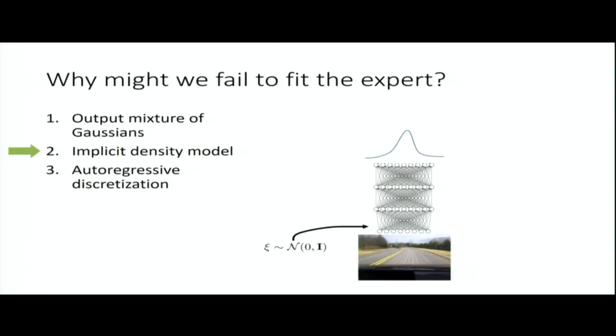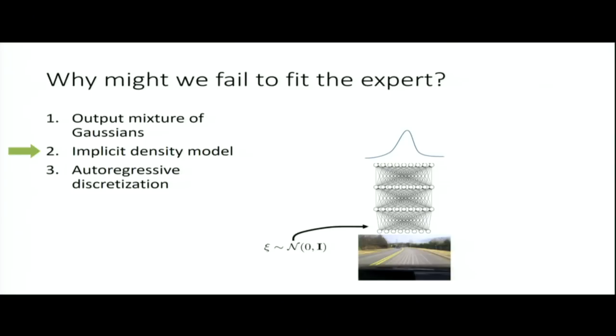So maybe you just sample from a spherical Gaussian of some fixed dimensionality. And now your network gets to transform the image and this noise into the output. And because the network can learn any nonlinear function of the input, it can actually transform these unimodal noise samples into multimodal outputs. So it's called implicit because the stochasticity sort of enters as input.